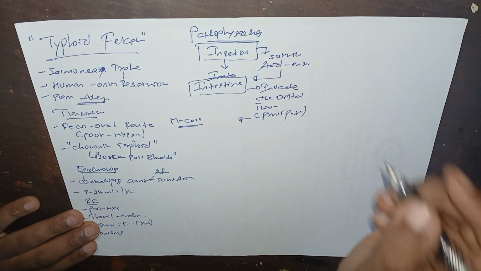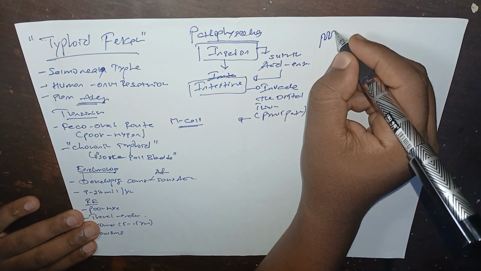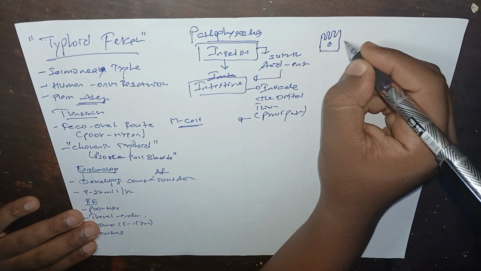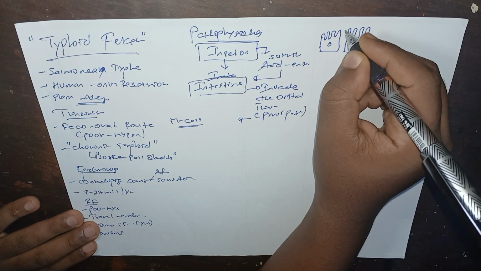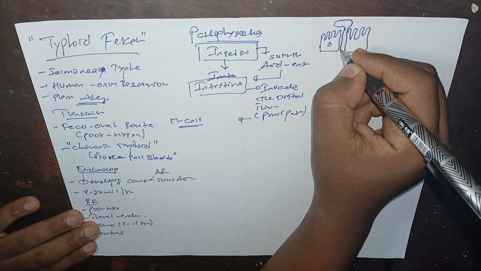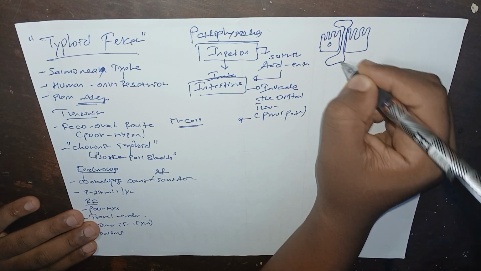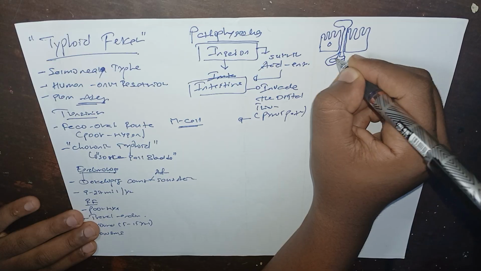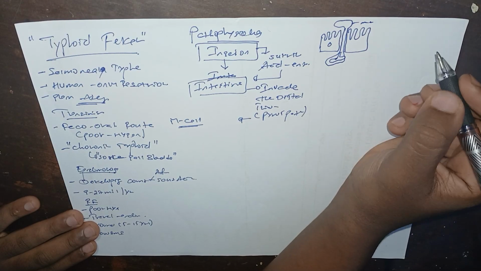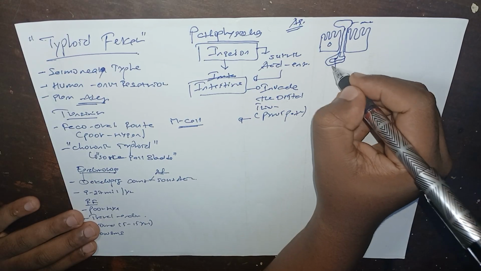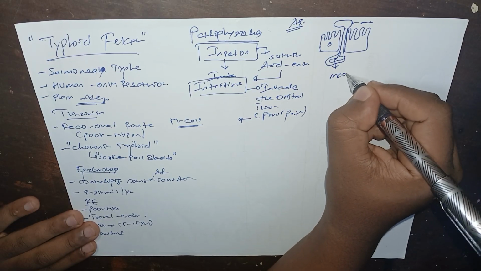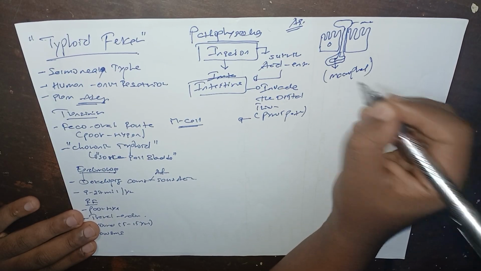Normally, let me show you here. These are the enterocytes. This is a nucleus, and there is another enterocyte. There are special types of cells that extend their limbs here in the intestine. These are called M cells. Their main role is to collect antigens from the intestinal lumen and report to the macrophages or immune cells.